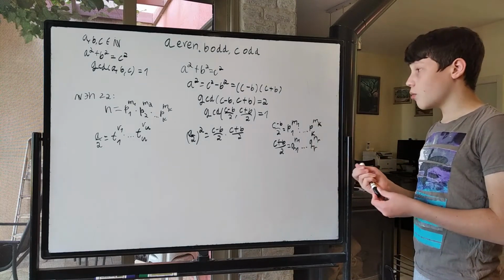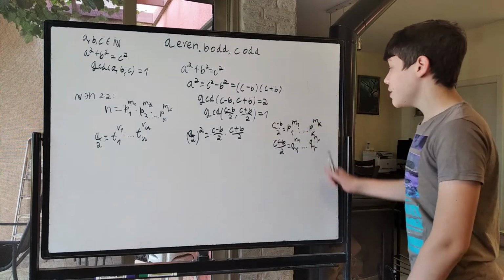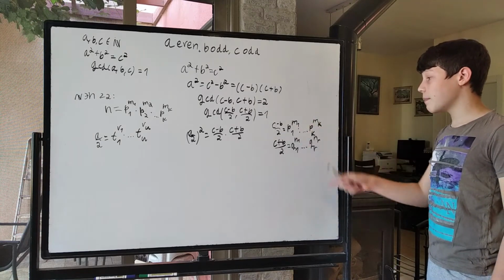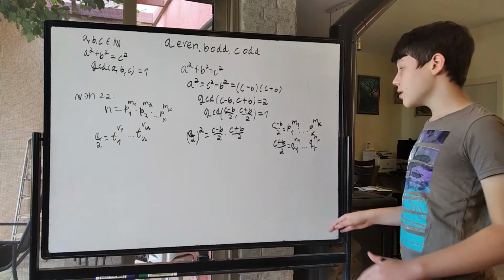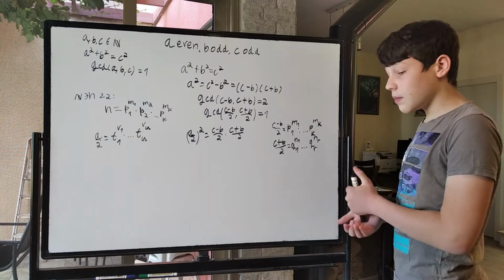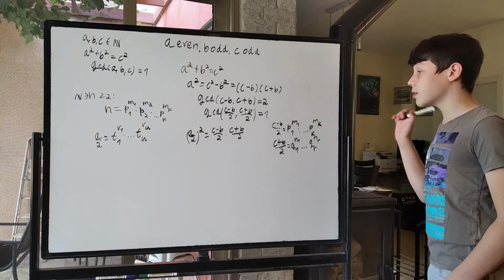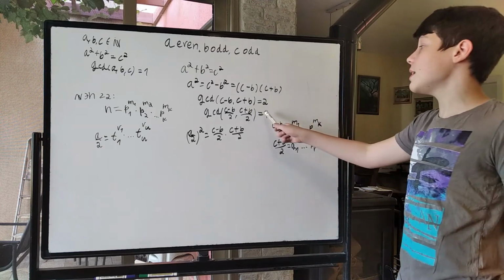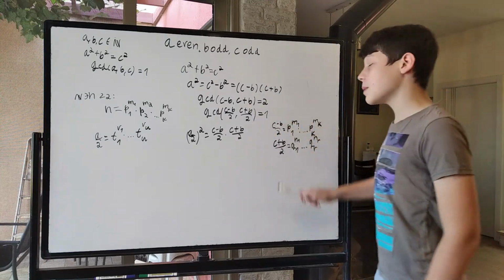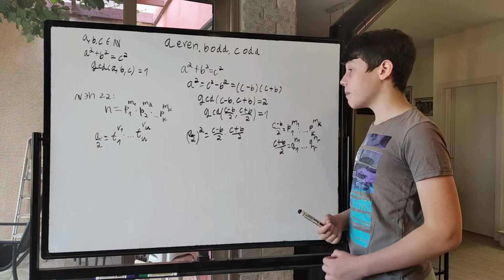Now, these are all distinct. p1 through pk are all different by themselves, but they're also different from q1 until qr, because the GCD of C minus B over 2 and C plus B over 2 is 1.